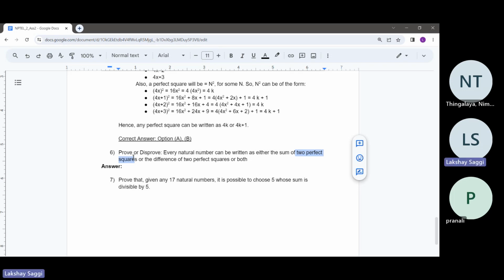So the number 13 can be written as the sum of two perfect squares, right? Because 13 is equal to 2 square plus 3 square.